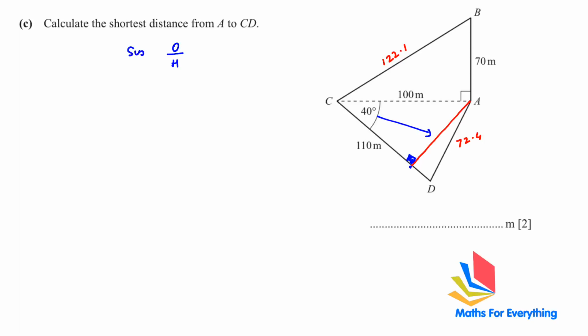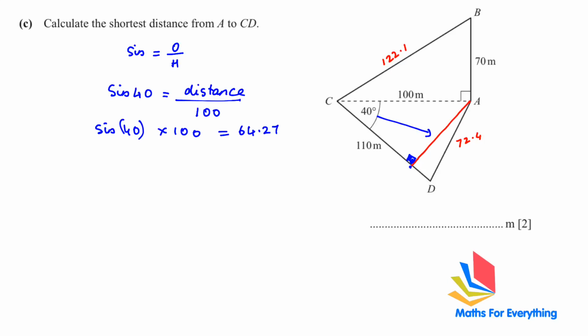So you are going to use the sine rule. Sine 40 is equal to opposite, which is the distance, over the hypotenuse, which is 100. Therefore, sine 40 multiplied by 100 will give us the distance, which is 64.27, rounded to one decimal place, 64.3 meters.